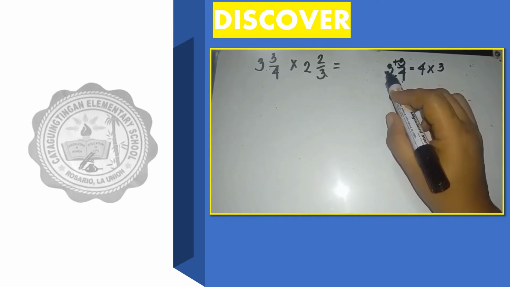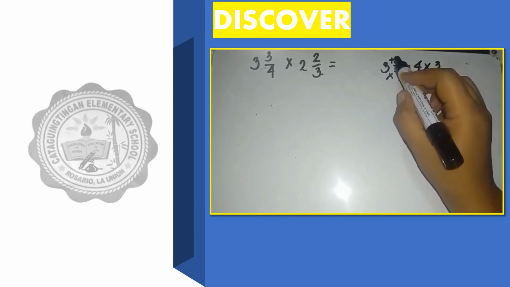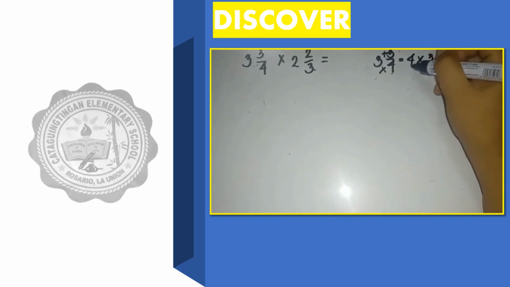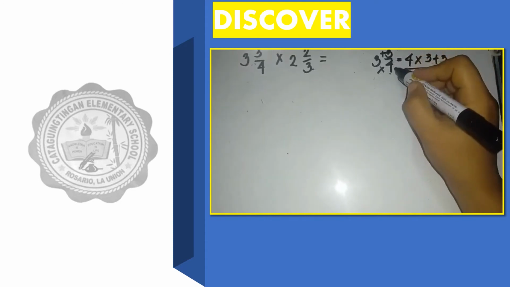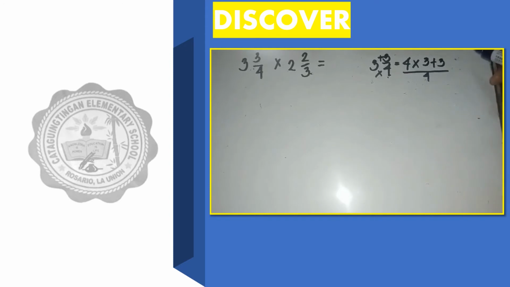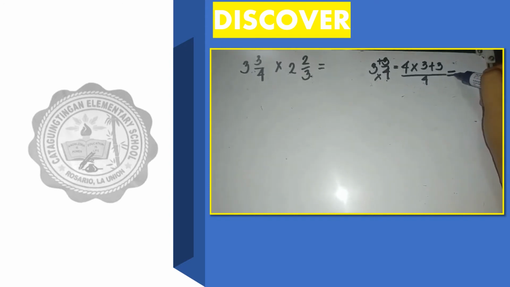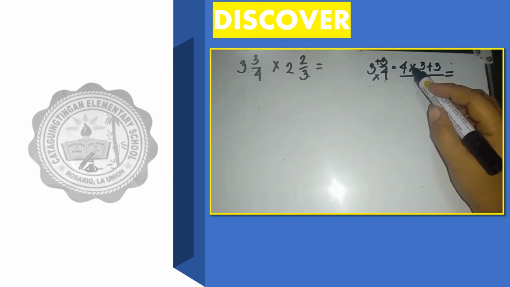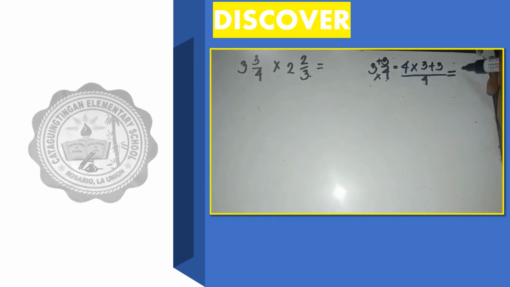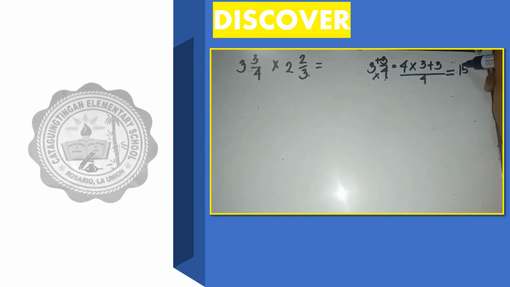Ito po yung 3. So, 4 times 3 plus 3 po yun. Then, let us copy the denominator which is 4. Kopyahin lang po natin. So, let us proceed. 4 times 3 is 12 plus 3 is 15. So, 15/4.